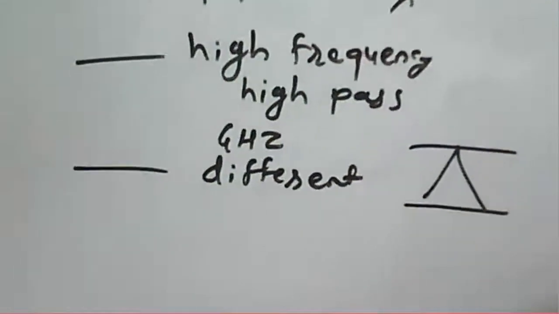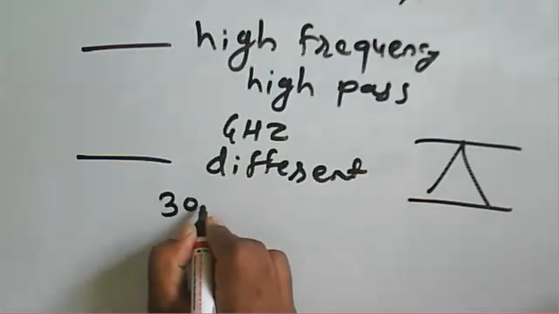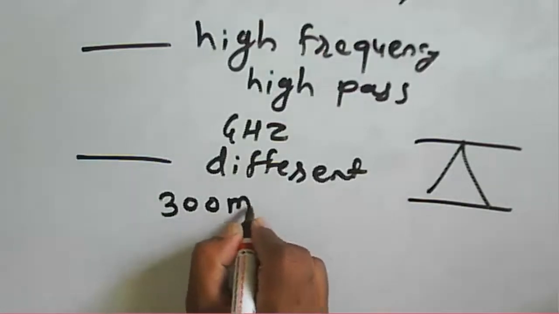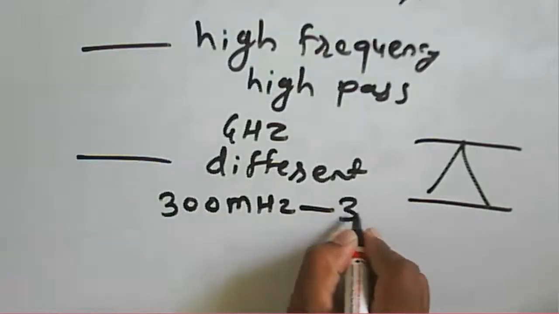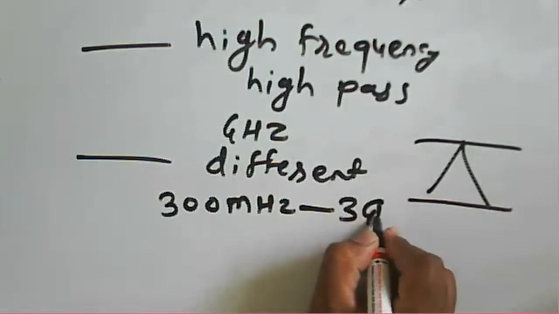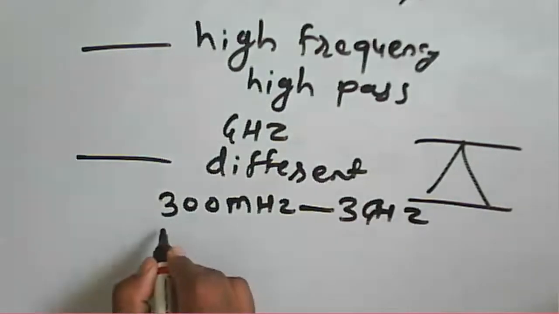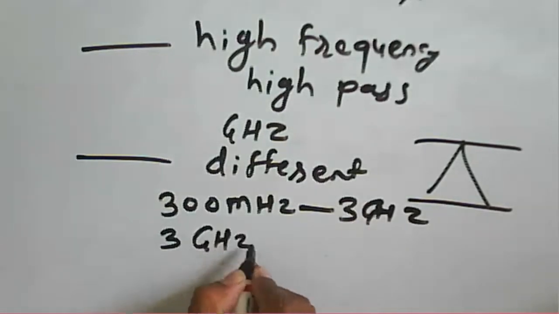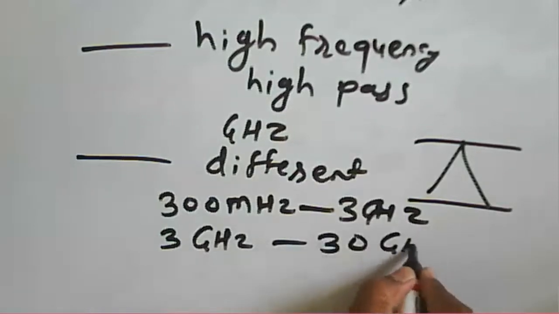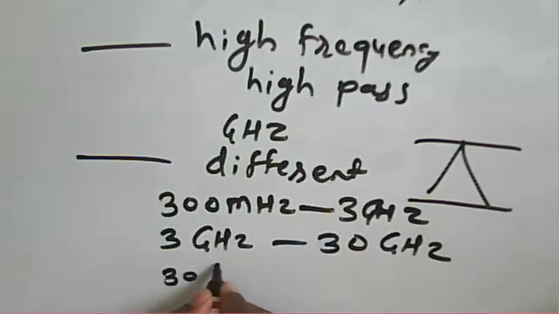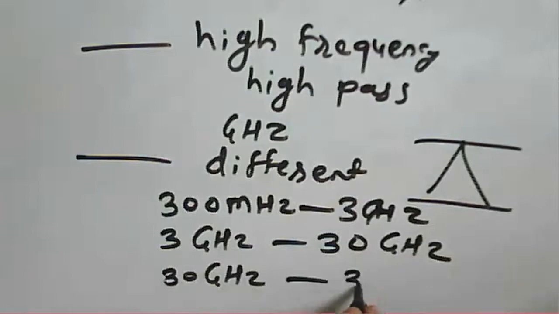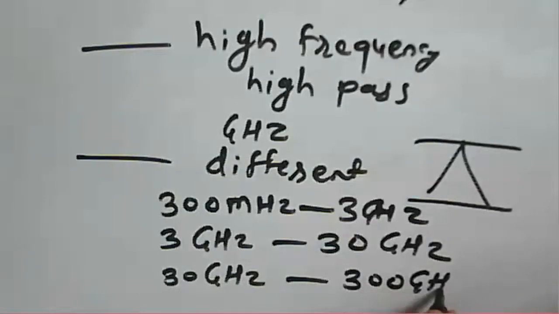And then the waveguide can operate in these three bands: 300 megahertz to 3 gigahertz, then 3 gigahertz to 30 gigahertz, then 30 gigahertz to 300 gigahertz.